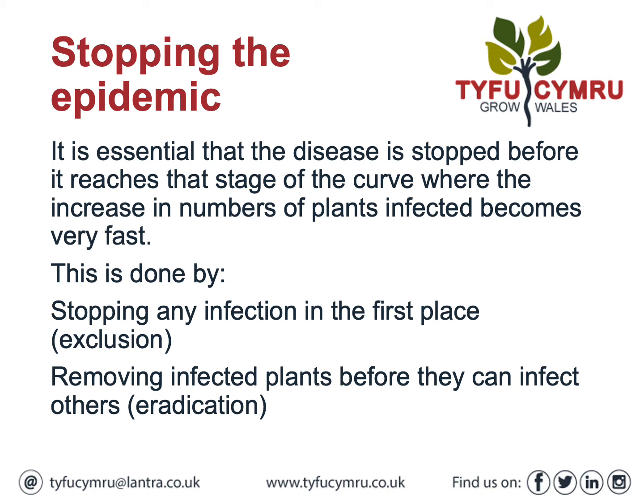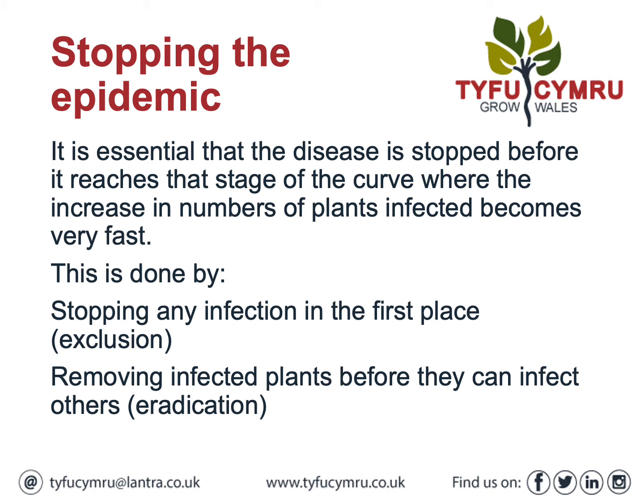And we can do that by stopping any infection in the first place. And you remember that early definition of biosecurity. So stopping infection in the first place, that's exclusion of the disease or the pest from the country. And that's what we try and do with those exotic pests and diseases that aren't present in the country so far.